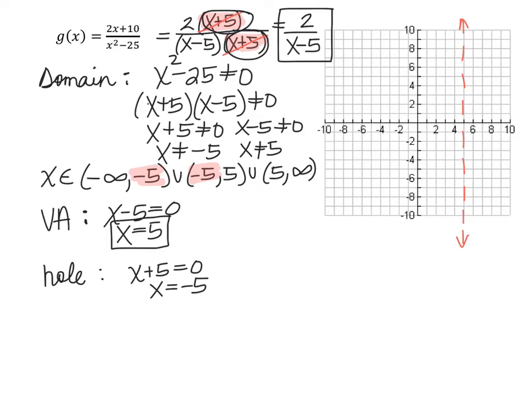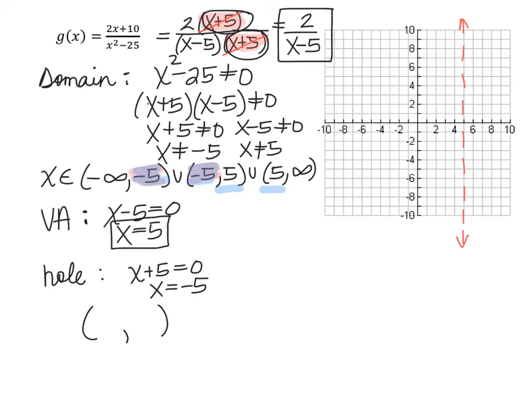So that's the other domain restriction. You'll notice positive 5, that domain restriction, was the vertical asymptote, but negative 5 turns out to be the location of the hole. So we have a hole when x equals negative 5. Now, it would be useful to have a coordinate for that hole.